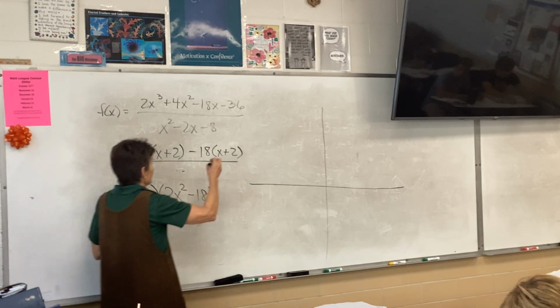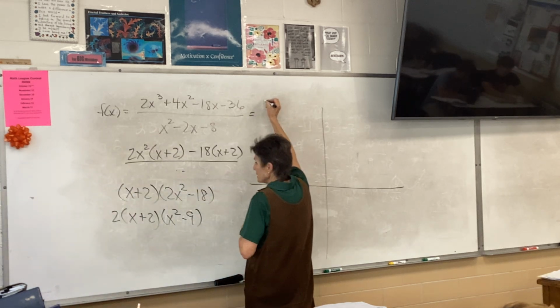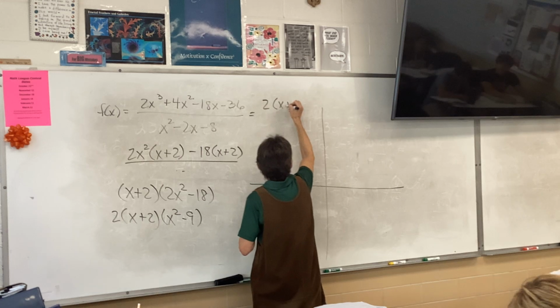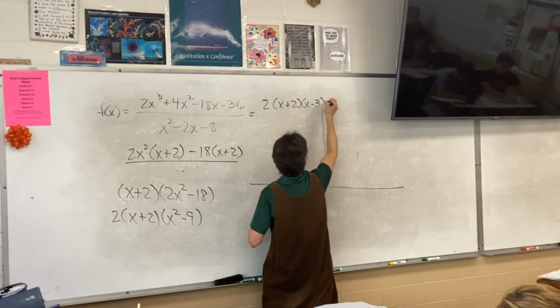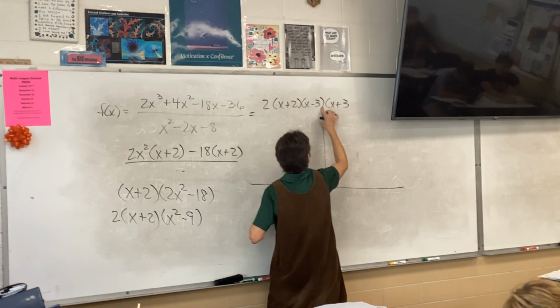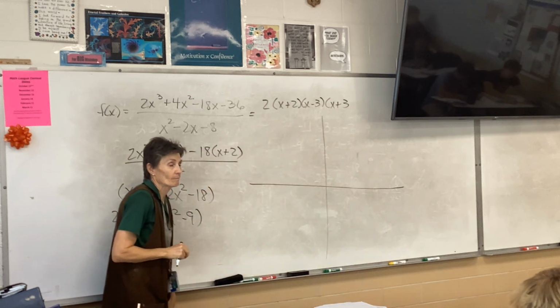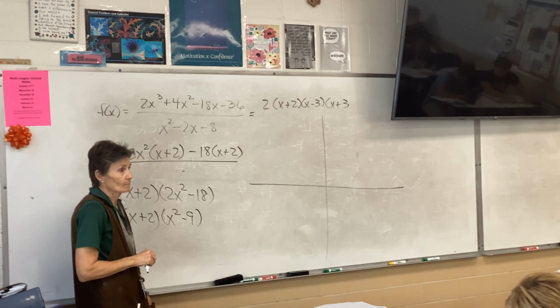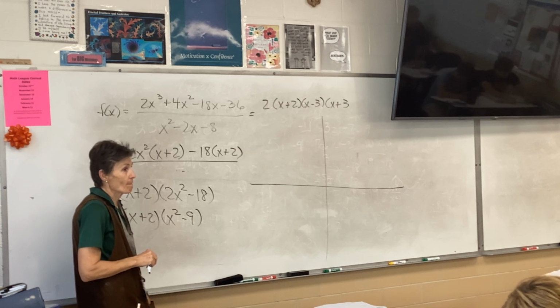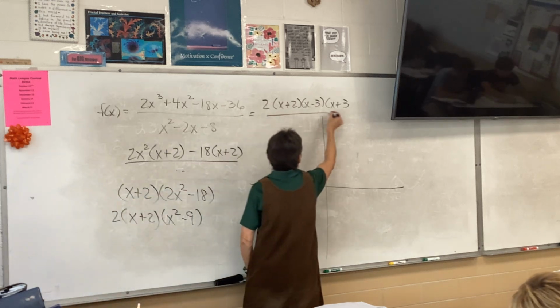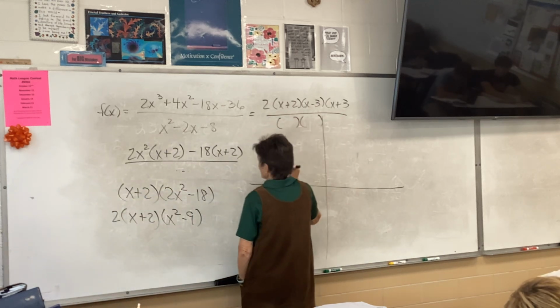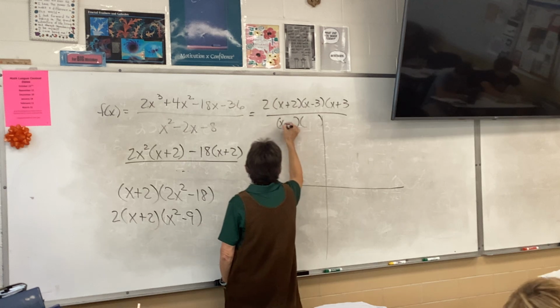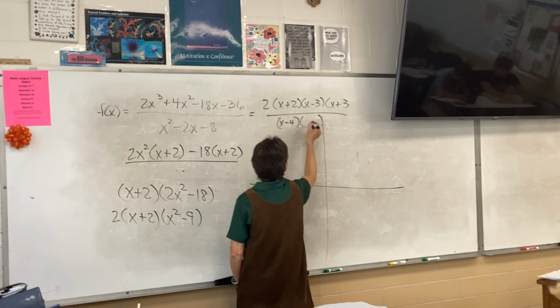So ultimately, my numerator is going to be 2 times x plus 2, x minus 3, x plus 3. Would everybody agree with that? Is that okay? And then the bottom, as you've already pointed out, is going to be minus 4 plus 2.